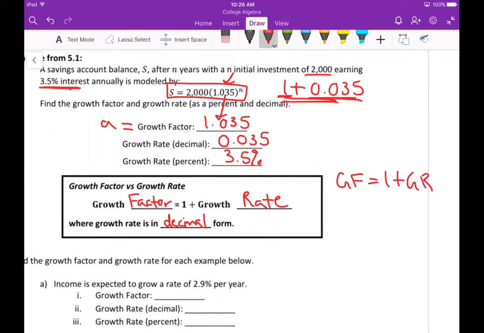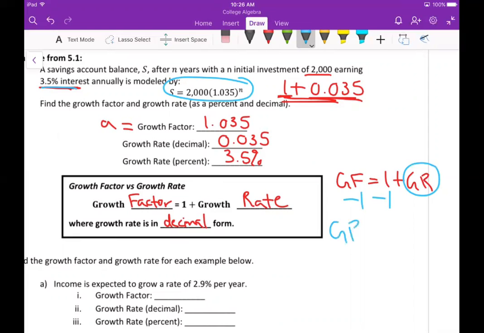Now, it will be helpful to also understand how we get the growth rate from the growth factor. So if I was just given this equation up here from the beginning, and I didn't know that the interest rate was 3.5%, and I wanted to get that growth rate given the growth factor, then to solve for the growth rate in this equation, just subtract 1 from both sides.